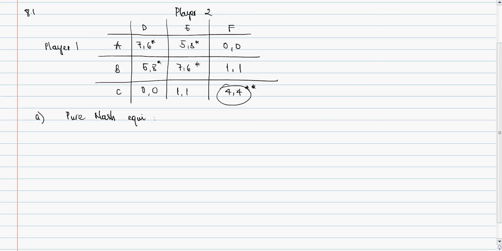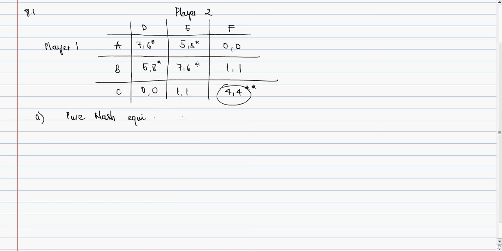None of the players will have any incentive to deviate from this pair of strategies. So this is the Nash equilibrium. Nash equilibrium is where none of the players has any incentive to deviate.